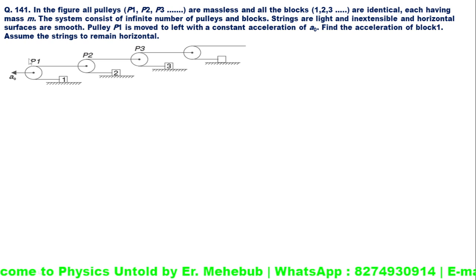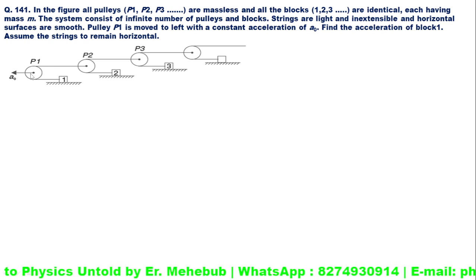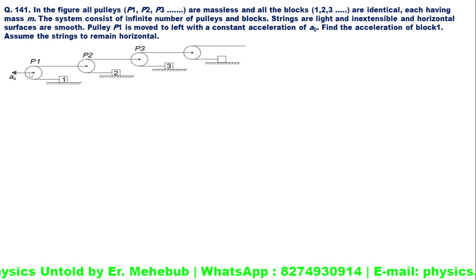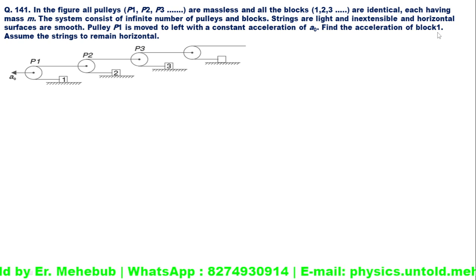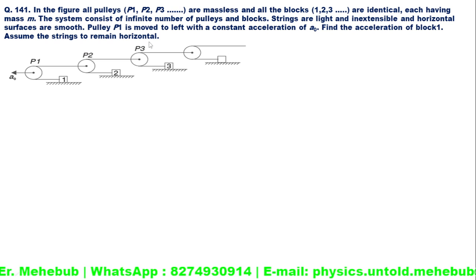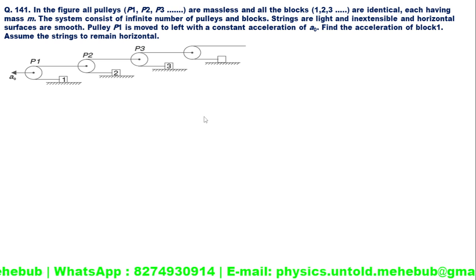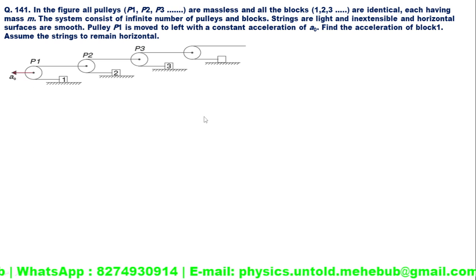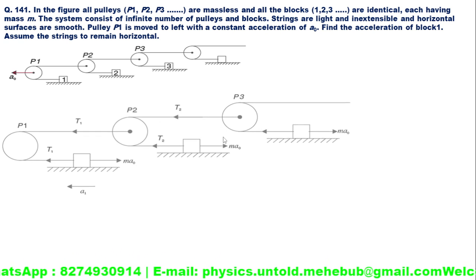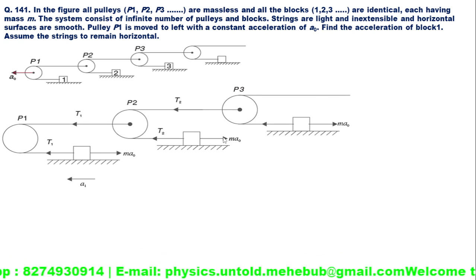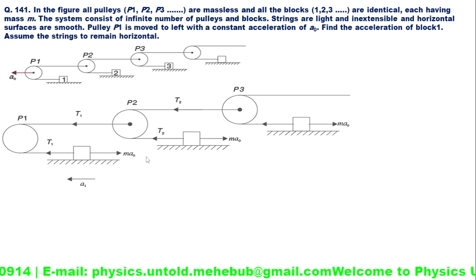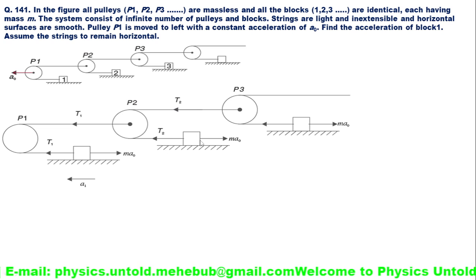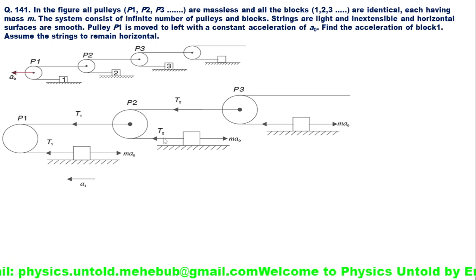Now this pulley P1 is moved towards left with constant acceleration a0. We have to find the acceleration of block 1, assuming the strings remain horizontal. So this is the diagram by which we can calculate.